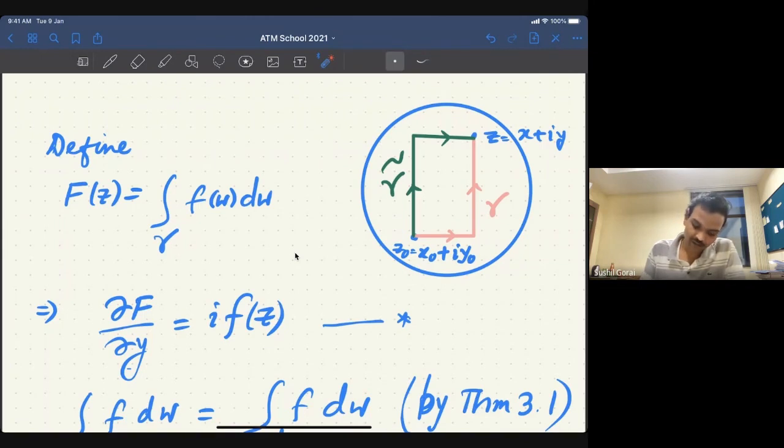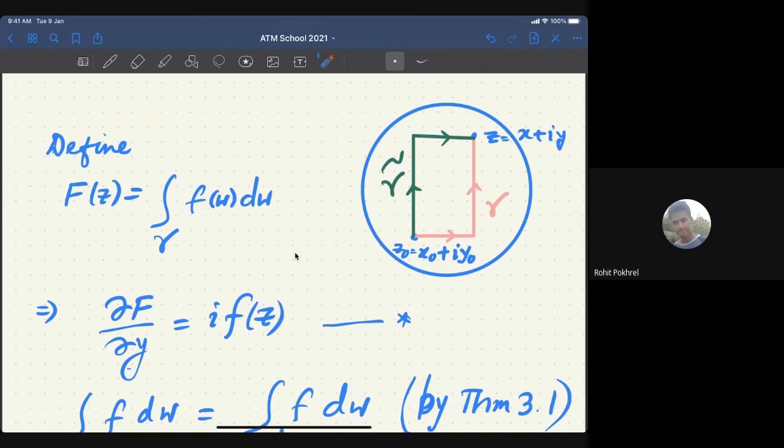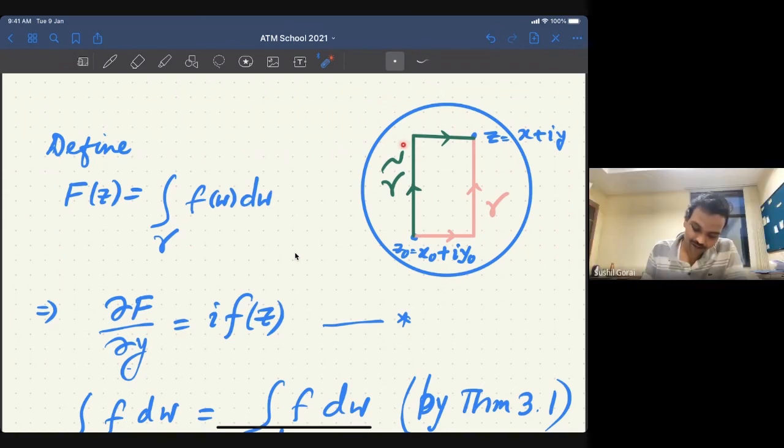So maybe if you are here, then you cannot go first vertical, right? If you are right here, there is this kind of problem. True, but it does not matter how many horizontal steps you go. Basically, what matters is the last component. What matters is the last component.